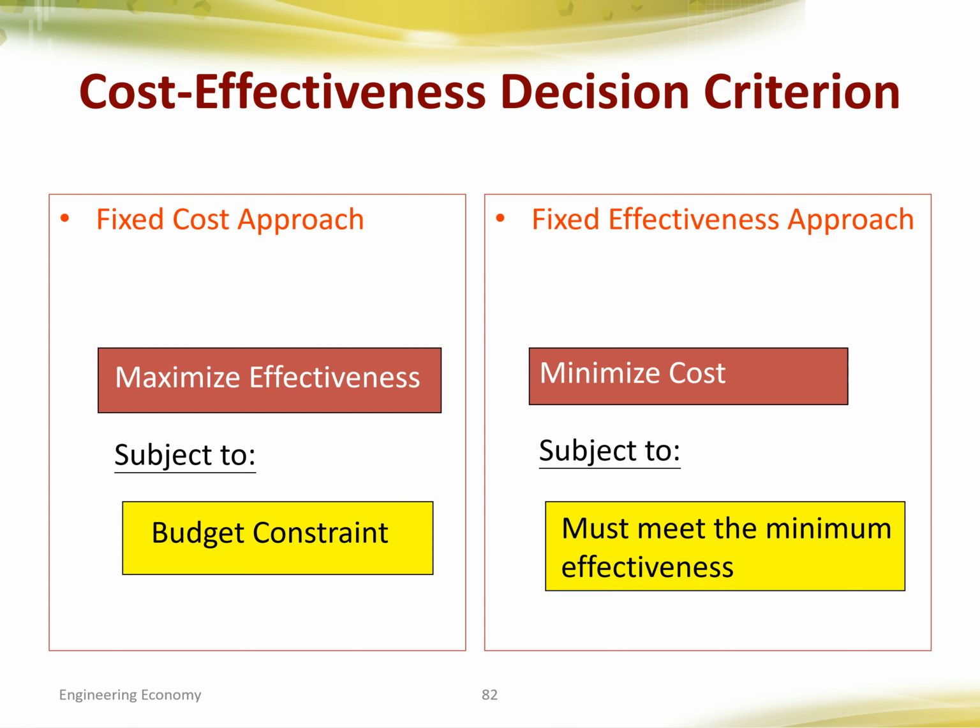So we may be constrained by one or the other, and we'll follow the constraint and the objective, so that we can develop our index and compare the alternatives accordingly.